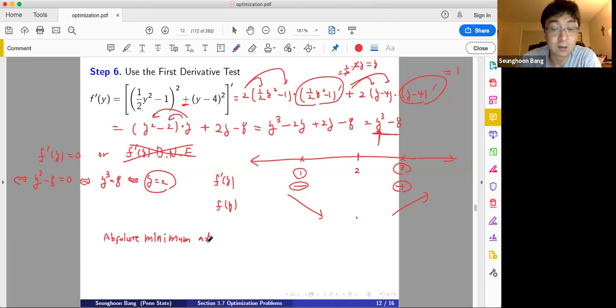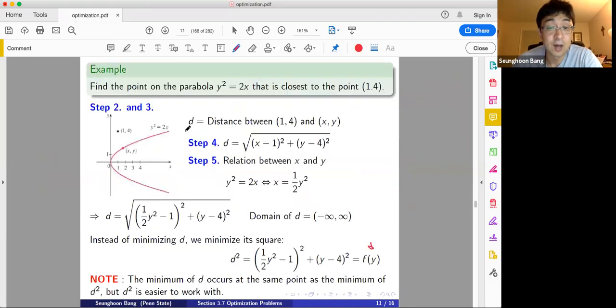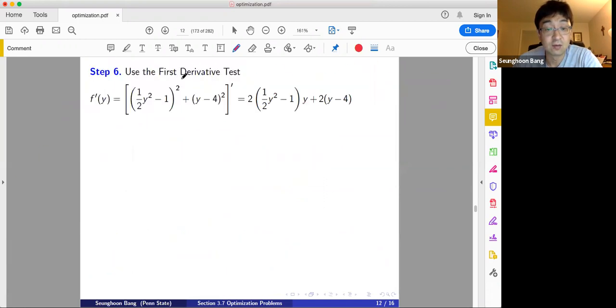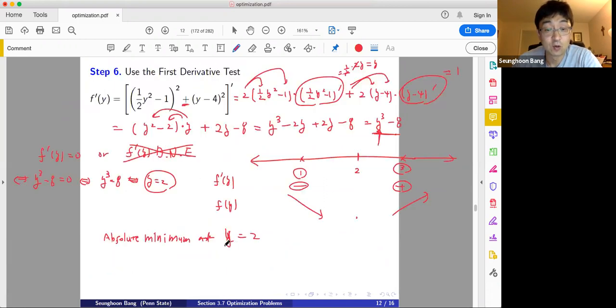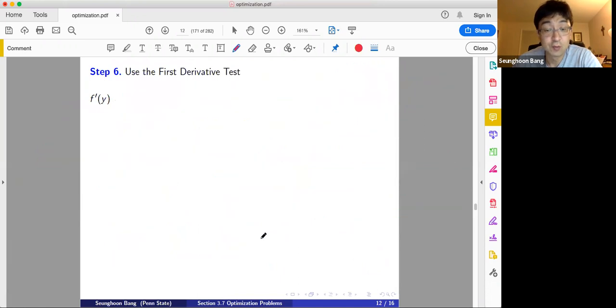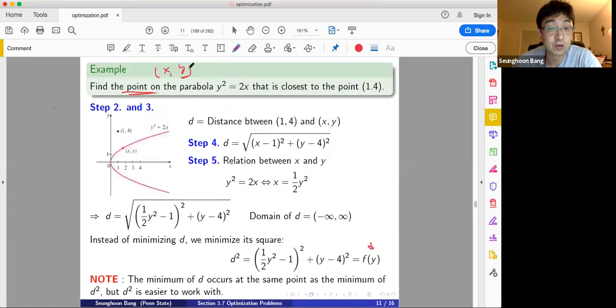At y equals 2. What's the problem? The problem is to find the point. Point has an x component and a y component. The y component is here, right? y equals 2, so we have it. You plug y equals 2 into here. You can find the x value. How can you find the x value?